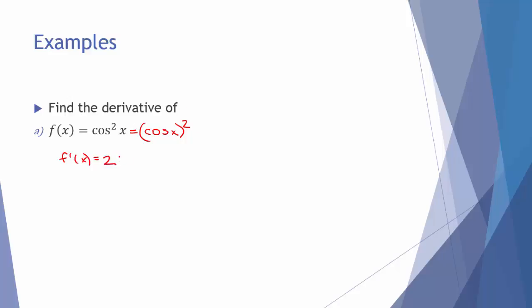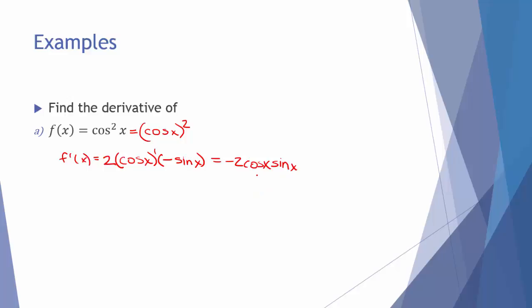We bring down the 2 as a coefficient. Don't touch that inside function. Raise it to a new power, which is 1 in this case. You don't have to write the 1, but I'll go ahead and do it for now. We then need to multiply times the derivative of the inside function, and the derivative of cosine x is negative sine x. So this derivative is negative 2 cosine of x times sine of x.